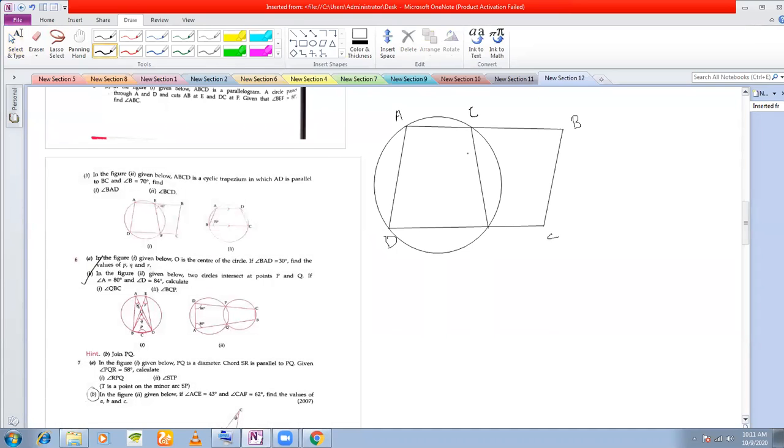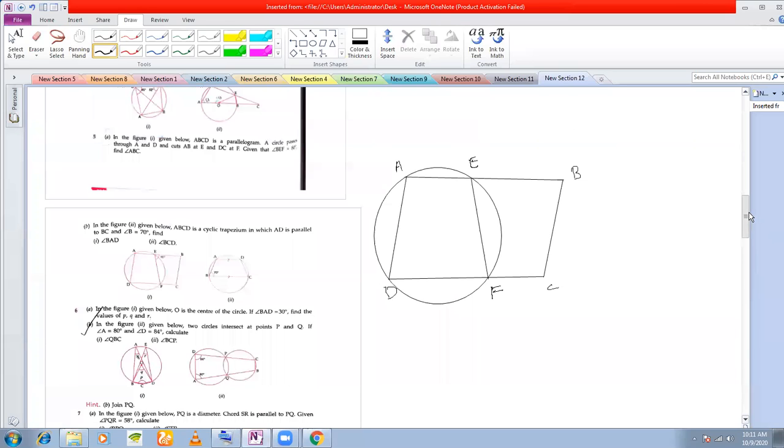This is your E and this is F. And this angle here is given to be 80 degrees. Find angle ABC.